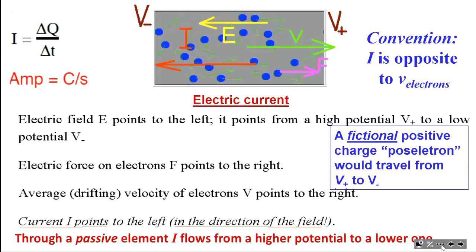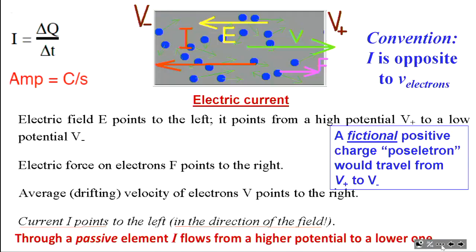So they defined direction of electric current opposite to the actual motion of electrons. And now we stick with that. Basically, a direction of electric current is defined in the direction of electric field, not electric force acting on electrons. That's it. From high potential to low potential. Sometimes it might be confusing, but it's just the way it is.